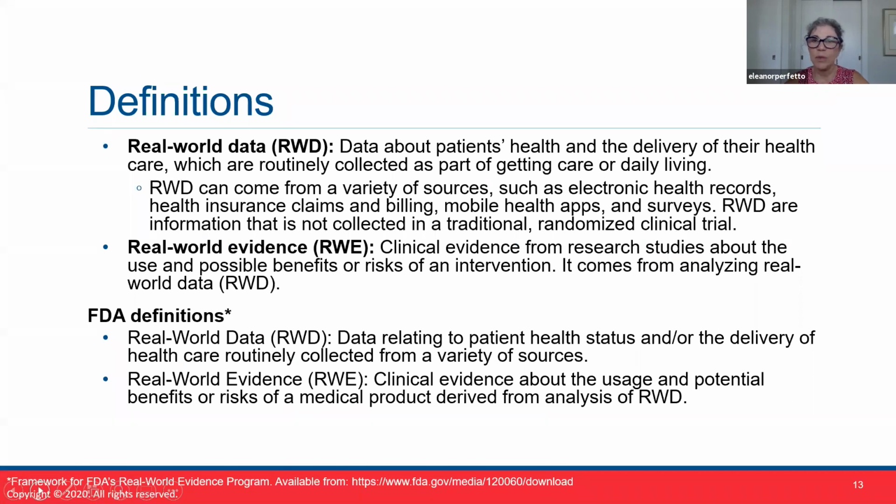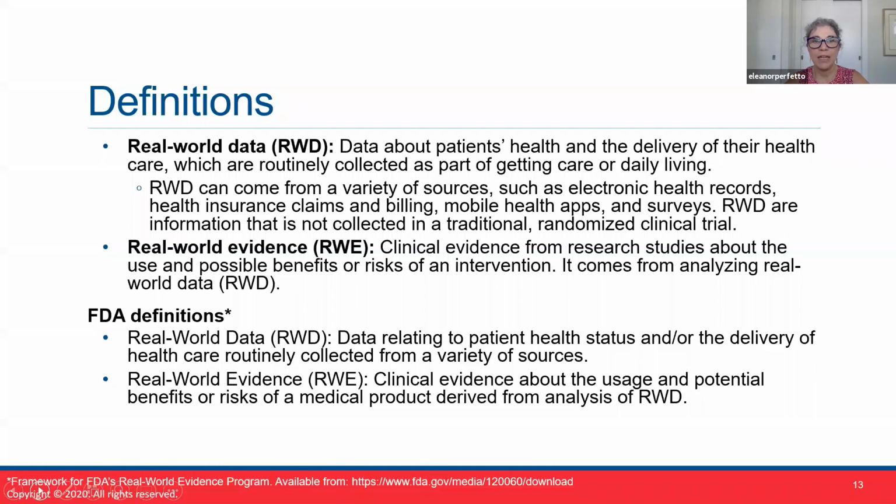So the definition that we'll be using for RWD is data about patients' health and the delivery of their health care routinely collected as part of getting care or daily living. So RWD can come from a variety of sources. It can come from electronic health records, health insurance claims and billing, mobile health apps, and surveys.